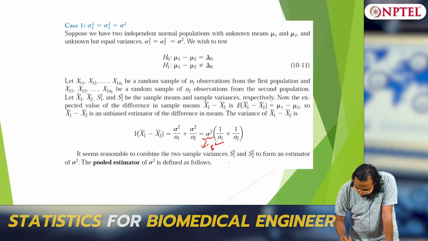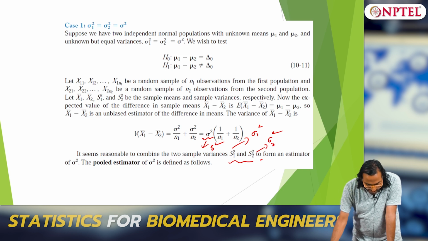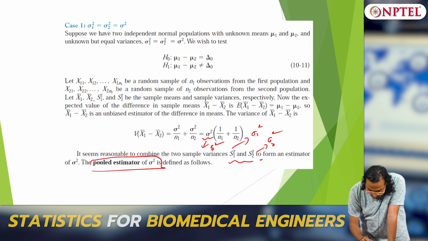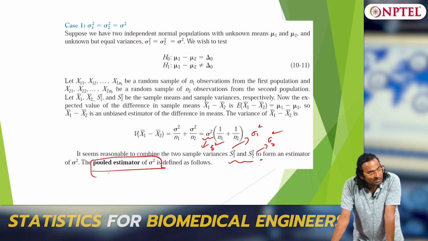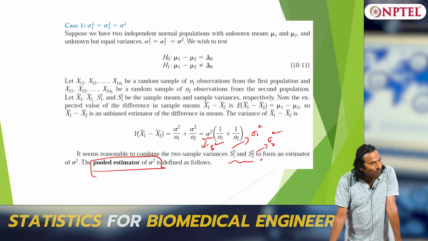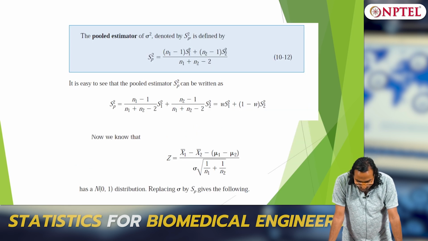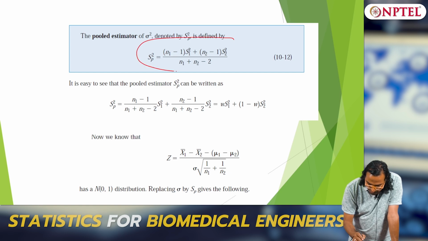So I have s1 squared, which is an estimate of sigma 1 squared, and s2 squared, which is an estimate of sigma 2 squared, and I am combining them to form what is known as a pooled estimator, which is sigma squared. This is the case where the underlying variances of the two populations are equal, or you have assumed them to be equal, then you create what is known as a pooled estimator. This is what a pooled estimator is.